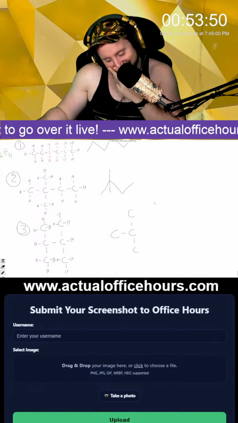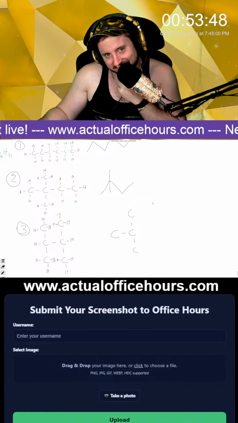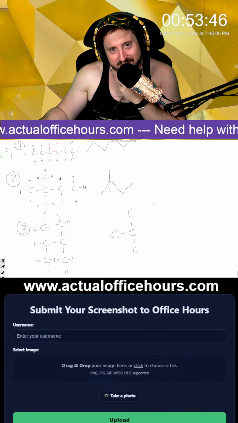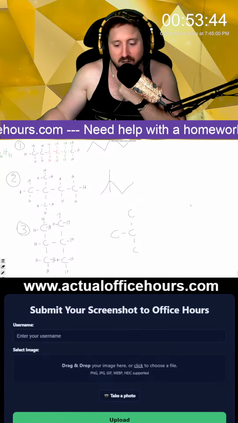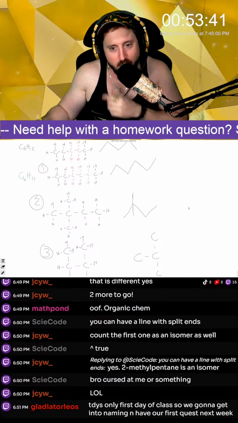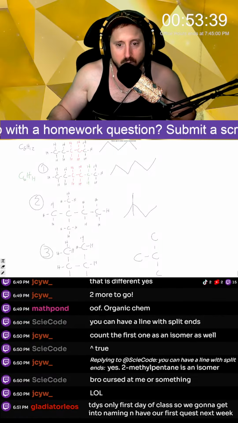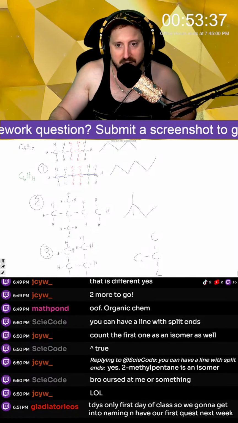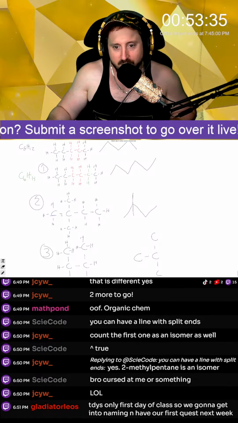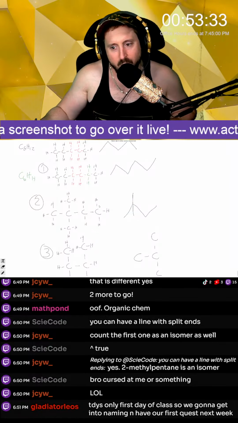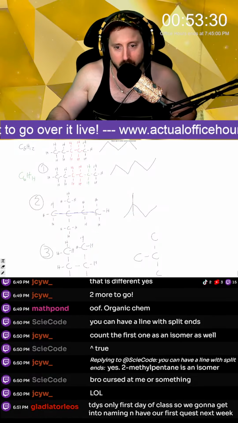2-methylpentane. Yeah, the naming is always, you look at what's the longest carbon chain, right? So in this case, this is heptane because you have 6 carbons. Wait, so this is 4.